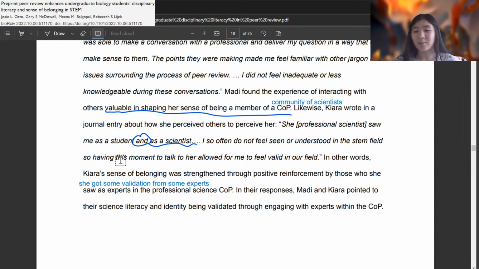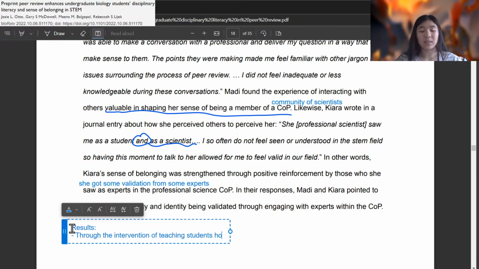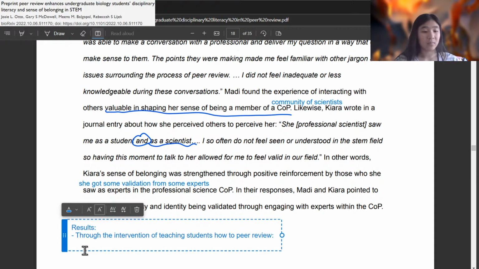All right, so that is the end of the results section. It seems like our results are positive. So to summarize, through the intervention of teaching students how to peer review, the benefits they got were they felt like their peer review skills improved.